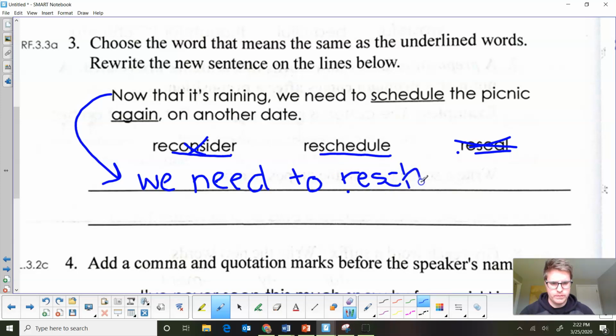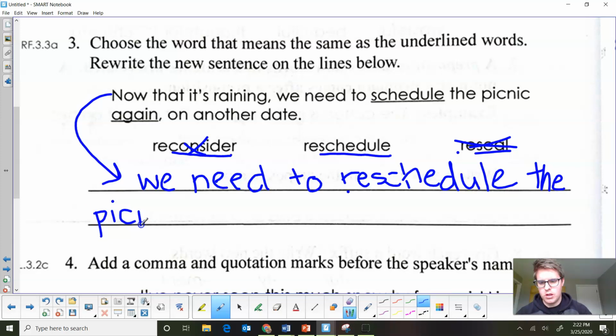Good job. The picnic on another. So I don't have to write the word again, since I already used it by saying reschedule, on another date.